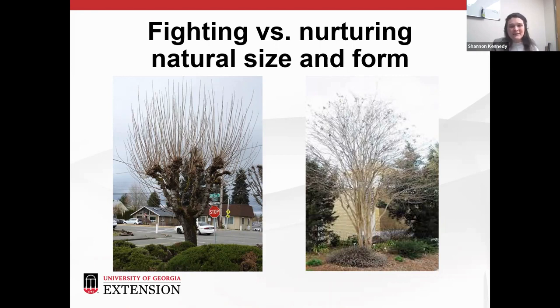So the tree on the left has been cut at the same spot over and over and over again, and that's called pollarding. And it reminds me of the Whomping Willow in the Harry Potter movies, right? It's really knobby, and my personal opinion is that it is not pretty at all. Some people might disagree. And it really creates terrible imbalanced structure.